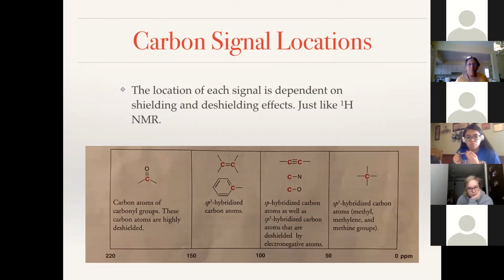Oh, in the 150 to 100 ppm range, because sp2 hybridized carbons go in that range. Oh no, that was sp. My bad. I thought it's sp3. Isn't it sp3? Yeah, it is sp3. So the methine group, where should it go? So sp3 carbons should be in the 0 to 50 ppm range. So you will have 3 peaks. One will be because of the 2 methyl groups, and then the third one will be the methine.